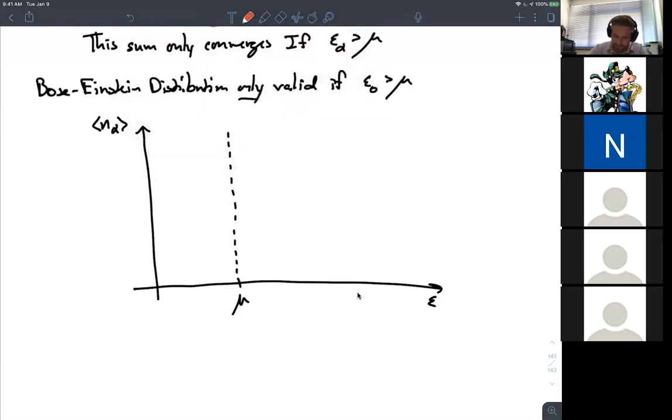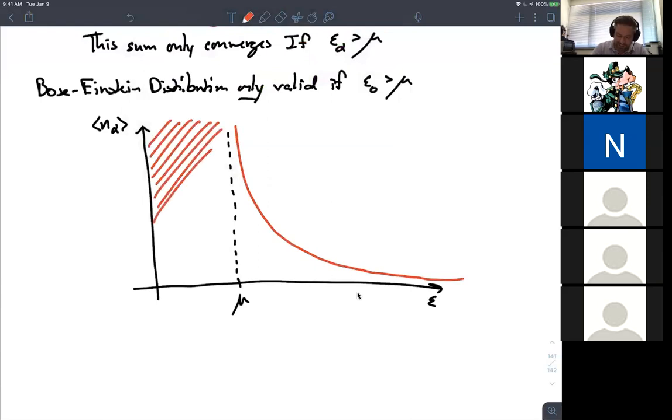And what this function looks like is like this. Essentially, it asymptotically approaches μ. So you can fill up states. So over here, these states to the right of μ are allowed, but everything over here is forbidden. You cannot have energies in your system that are lower than the chemical potential. All right. Does that make sense?